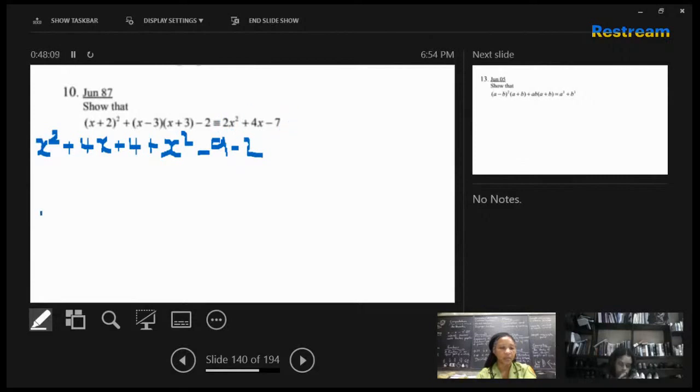Yes, Miss. So putting it together, it will be 2x squared plus 4x, and negative 9 minus 2 is negative 11, plus 4 is negative 7.